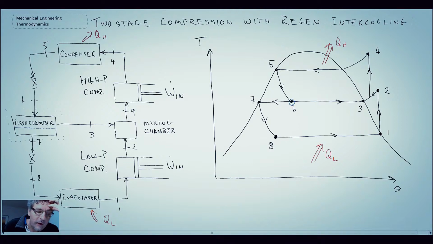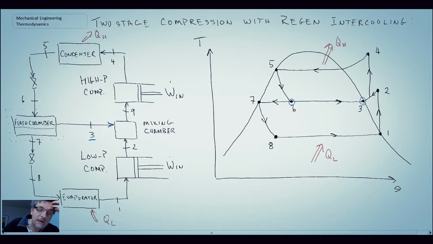What we are doing is stripping out the vapor, and the saturated vapor is what is at state 3. So on our TS diagram, that is there. And that is then what flows into the mixing chamber. That's the vapor at state 3 there.